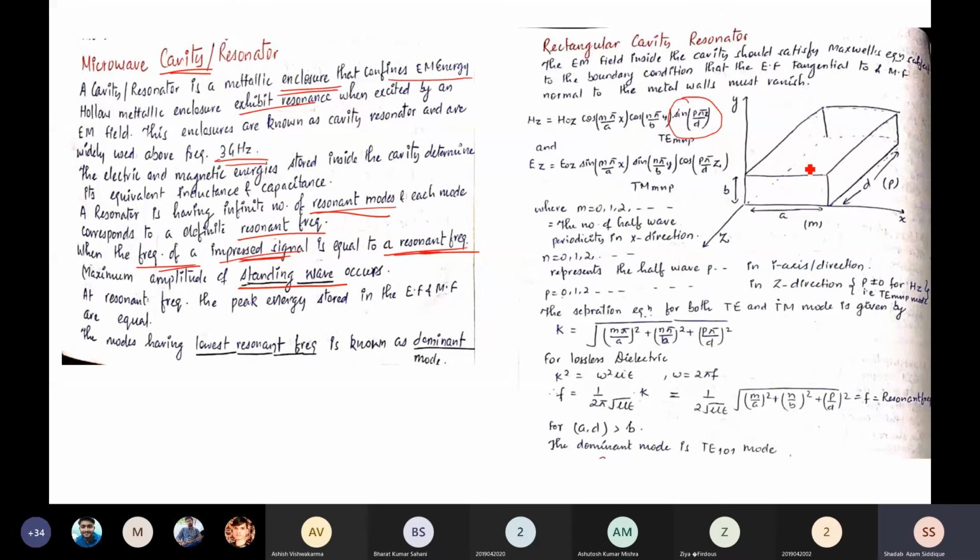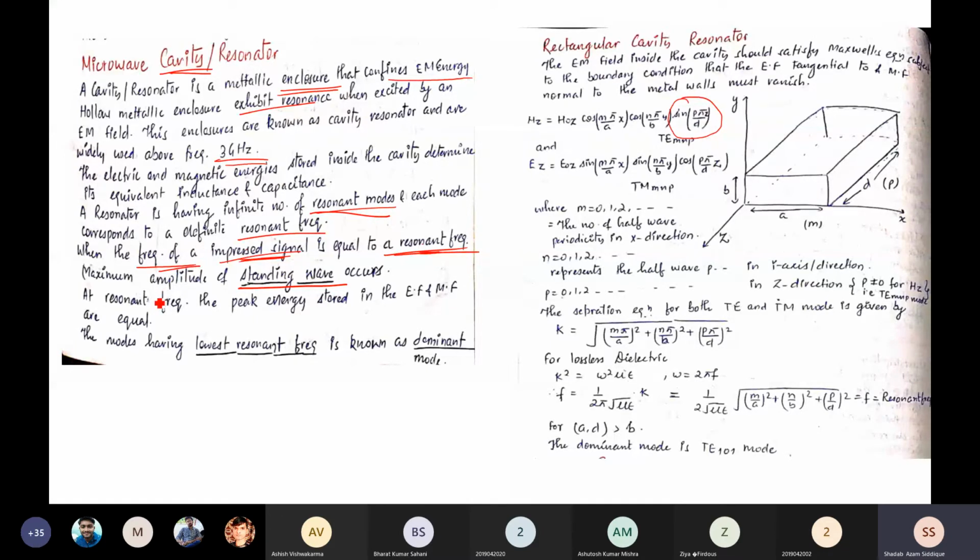We use such material so that it cannot radiate much energy outside the cavity. At resonant frequency, the peak energy stored in the electric field and magnetic field are equal.